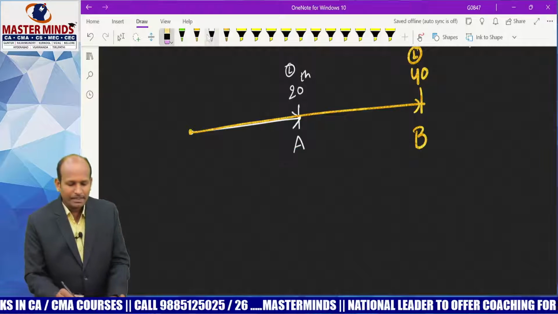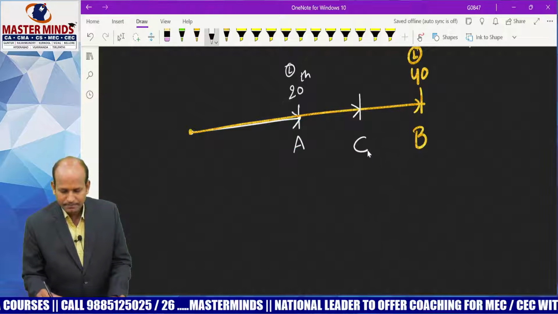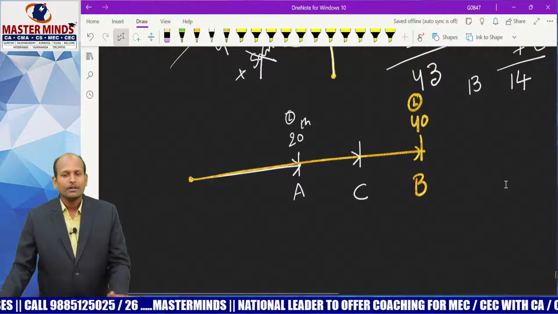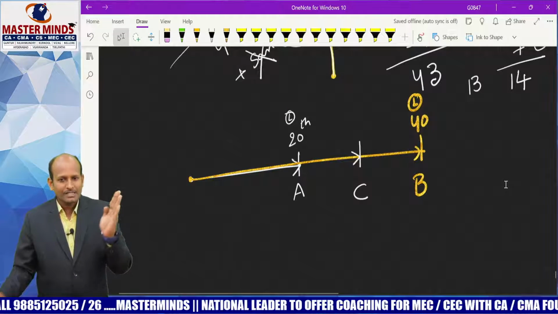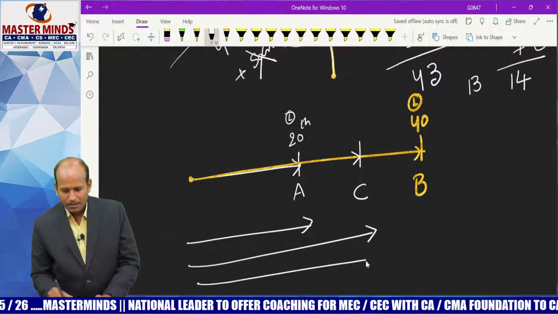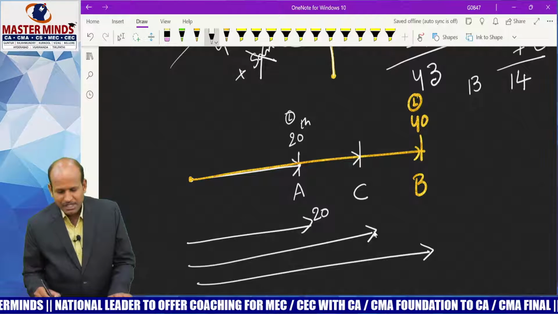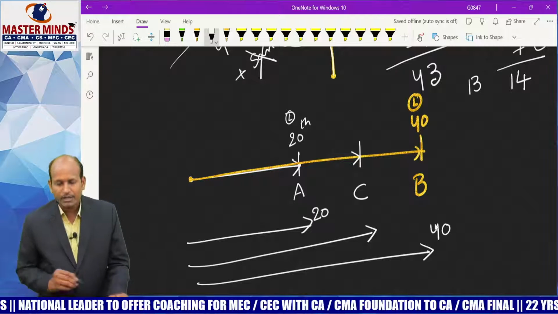If C is exactly between them, so between A and B there is a letter C. First of all, we are counting from the left. First you get A, next C, next B. A is at 20, C is a question mark, B is at 40.